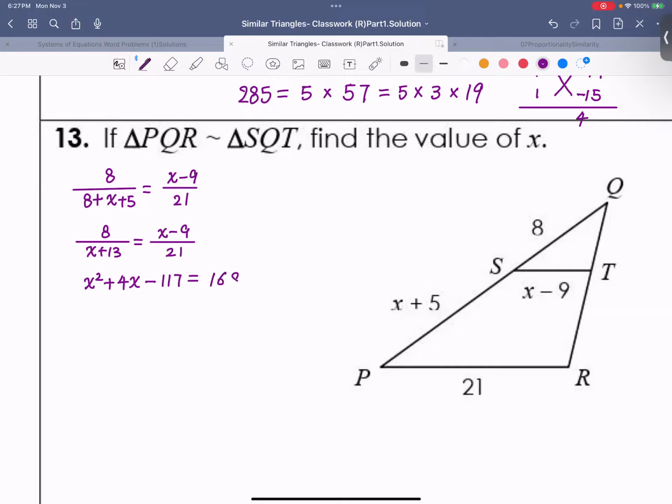Yes. Moving around. How much? 285. Yes. Equals 0.